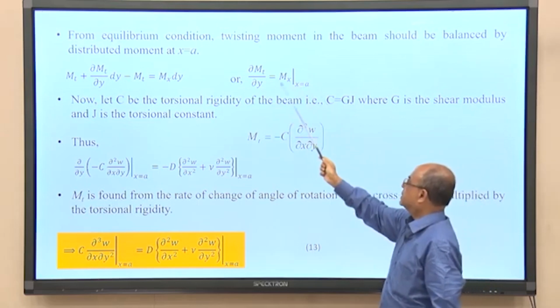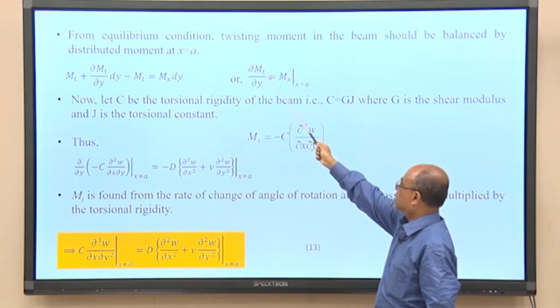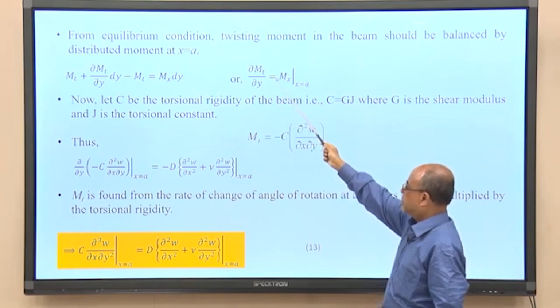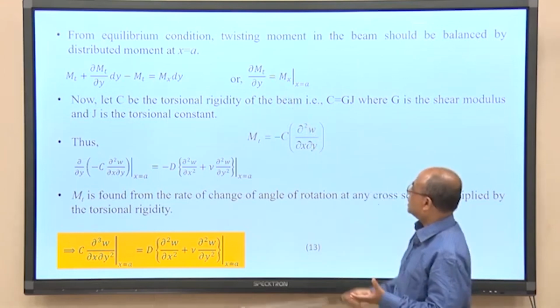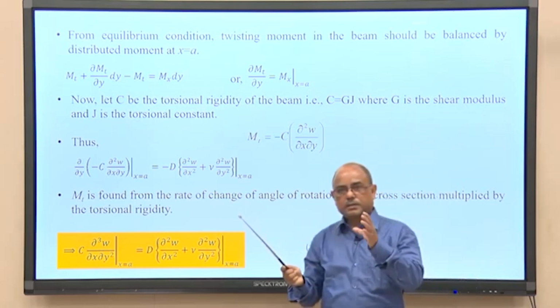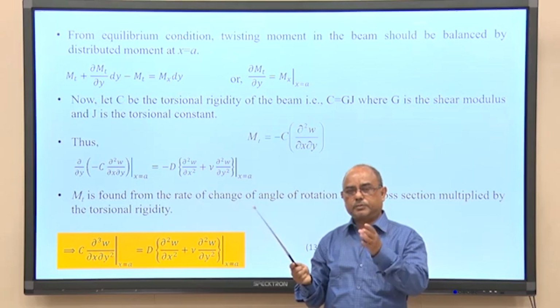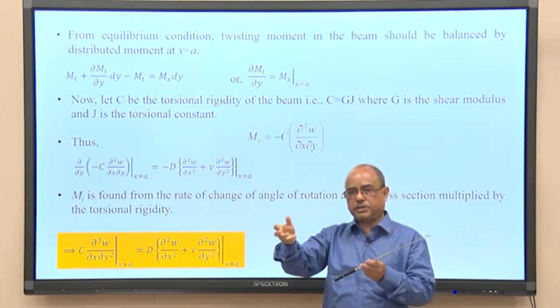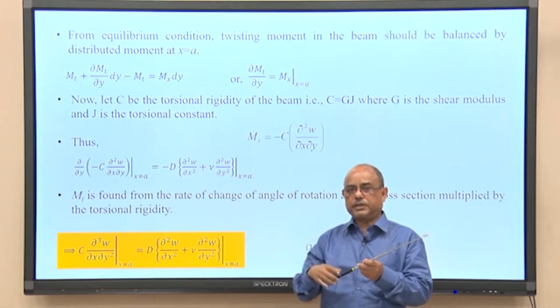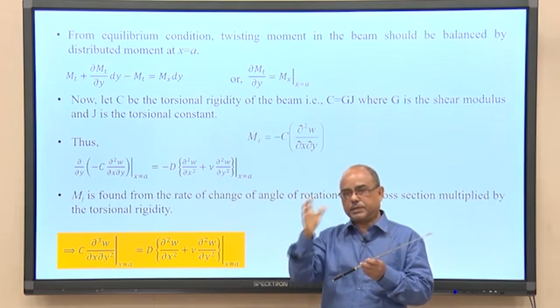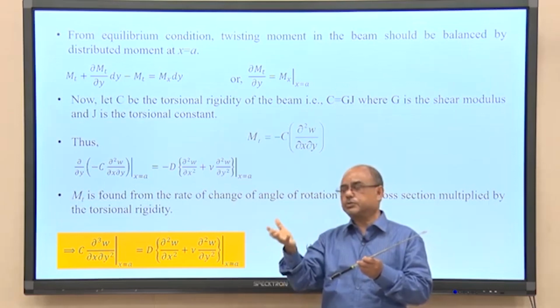That means the torsional moment is what you have to find out. What is the torsional moment in a beam? If we know the rate of twist, the rate of twist multiplied by the torsional rigidity is your torsional moment.